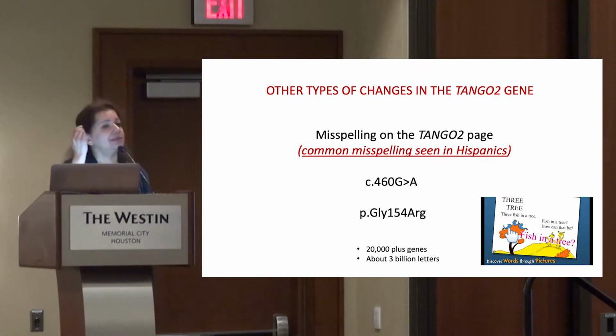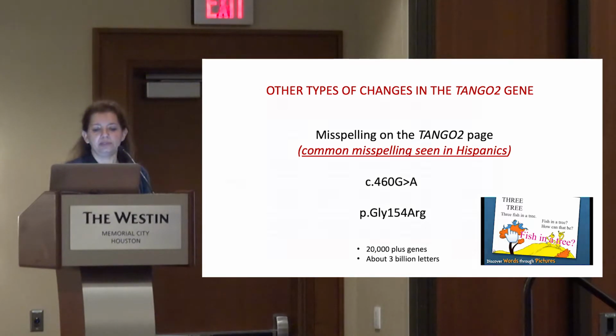But they have a small misspelling on that page, and that is enough to cause a problem in that gene. That is a change we see frequently in the Hispanic population. I'll show you the exact location on that page. Where G should be, it changes to A. Just that letter change from G to A changes the function of the TANGO2 gene.